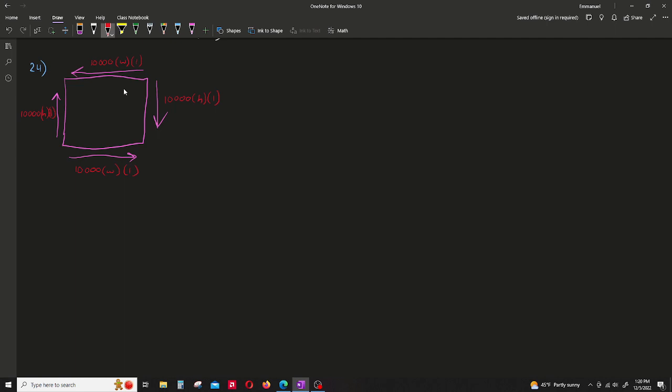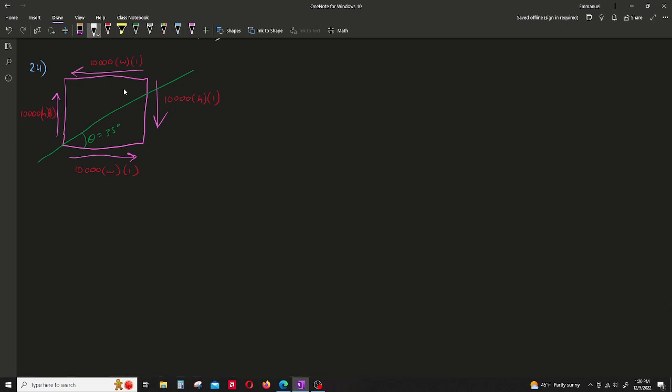All right, and then for B, they said to determine the tensile stress on a plane that's 35 degrees from the horizontal. So if I was to draw that, I would probably do something like this. And then for this, theta.